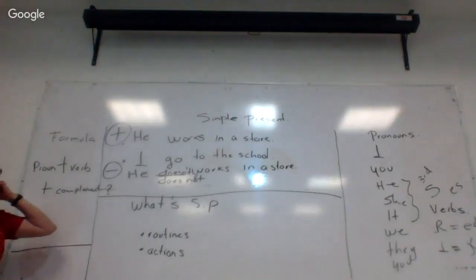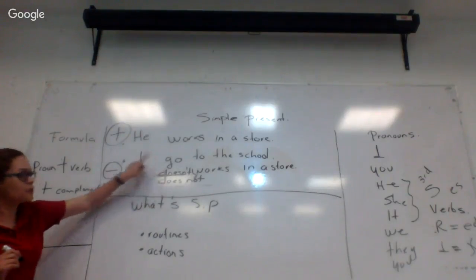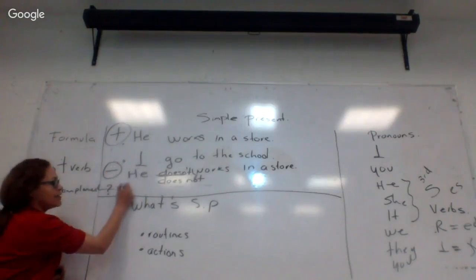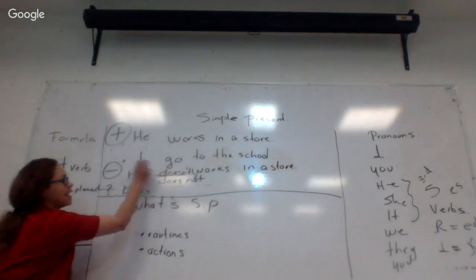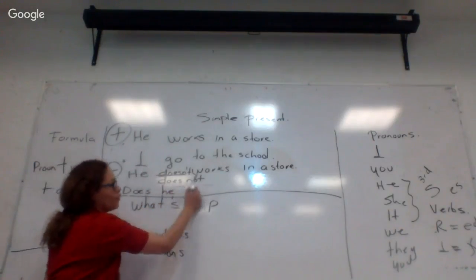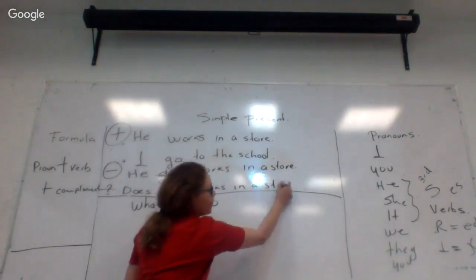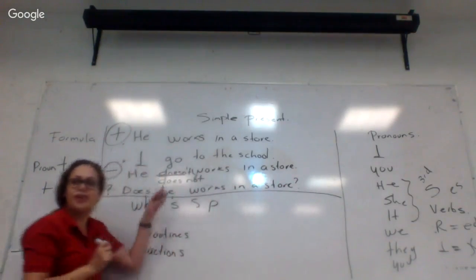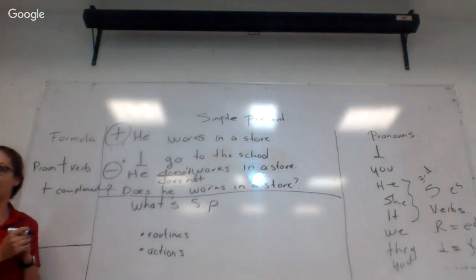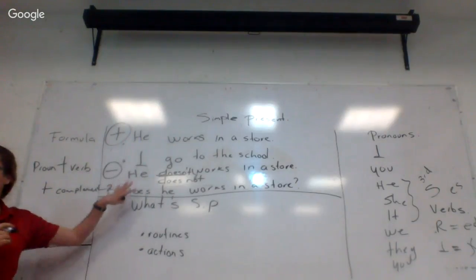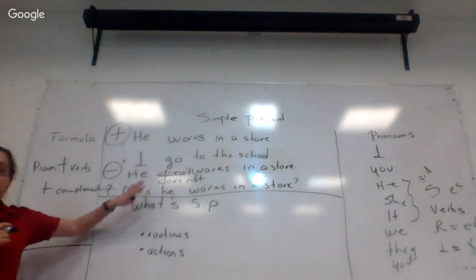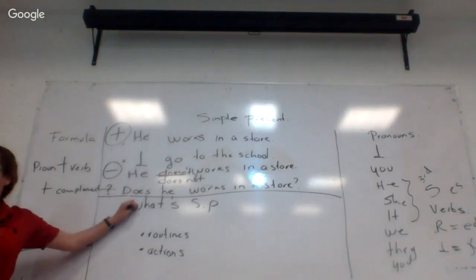So in interrogative, you have to use this one first, okay? It's a question. Does he works in a store? Él trabaja en una tienda. So that's the way we need to do it. Okay? Any questions right here? Is there any mistake right here? Tell me, what is it?